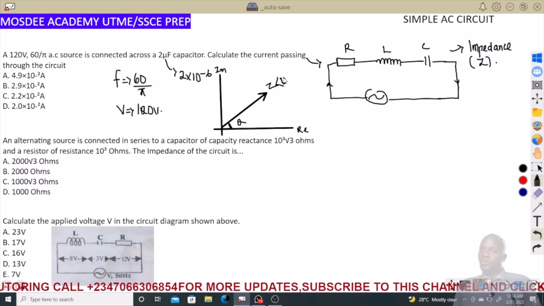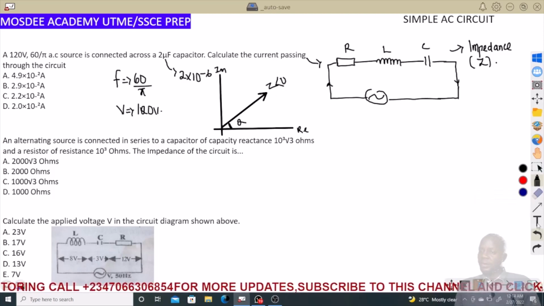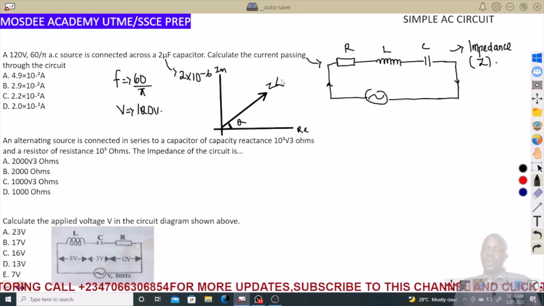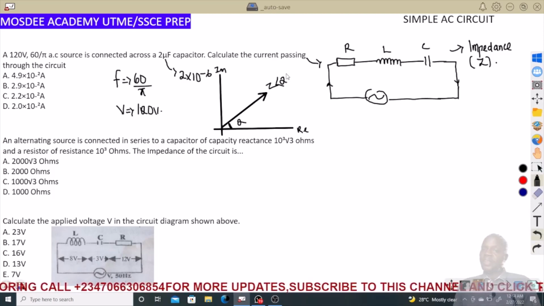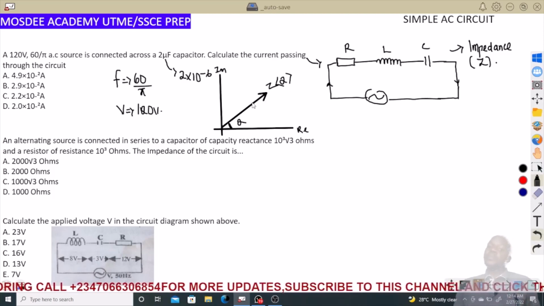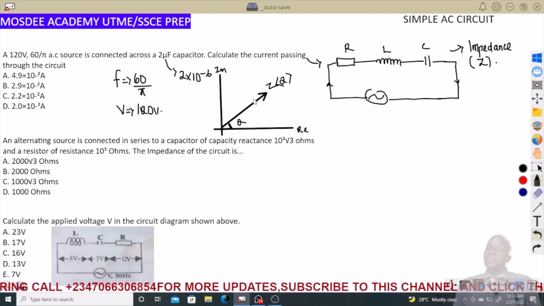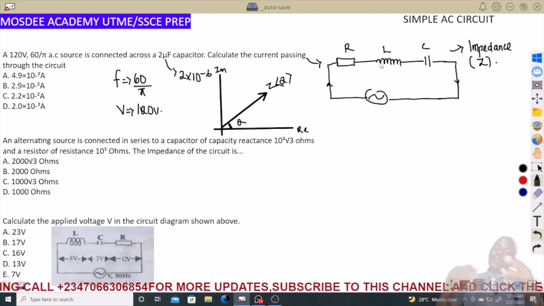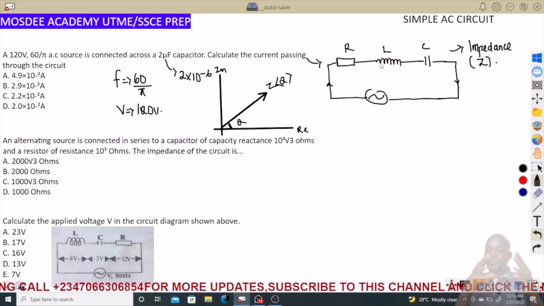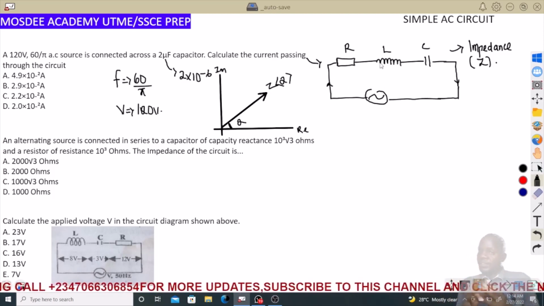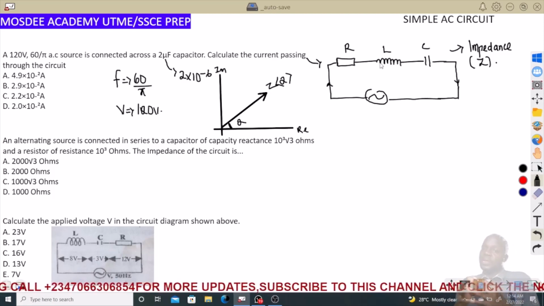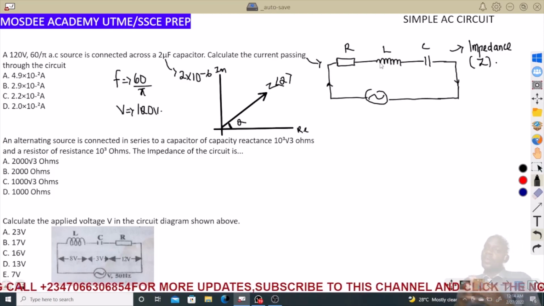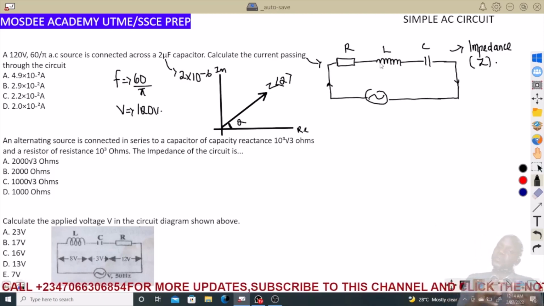So we can also represent an AC circuit in this form, like the magnitude and the direction. Like I said, the sum total of all the resistances flowing in an RLC circuit or in an AC circuit is called the impedance.